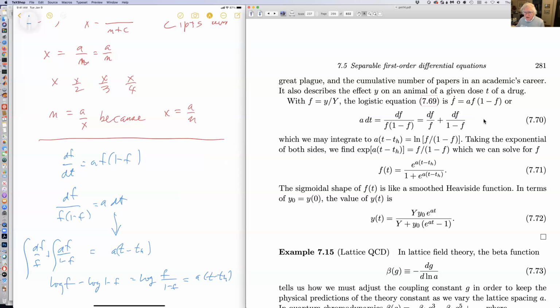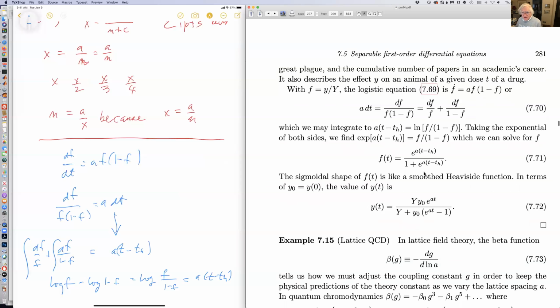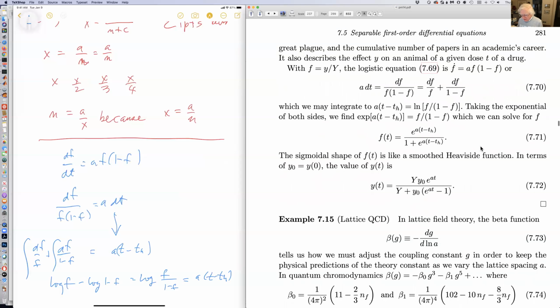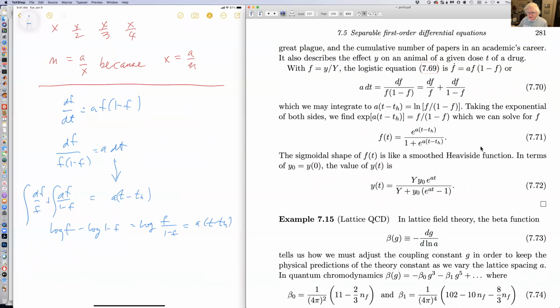And then what you get is this expression here. And what does that look like?